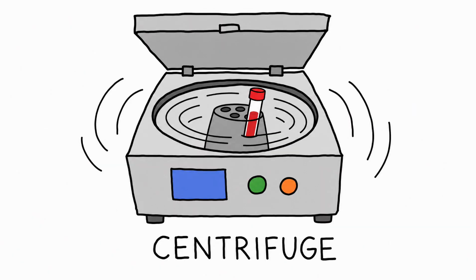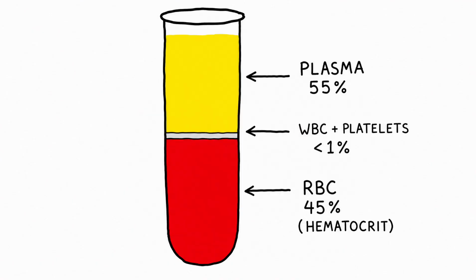Here, this is once you've centrifuged a blood sample. You put it in a machine that spins around really fast, and it separates the composition of blood based on the different weights of the liquid material. Here you can see the total volume of blood.